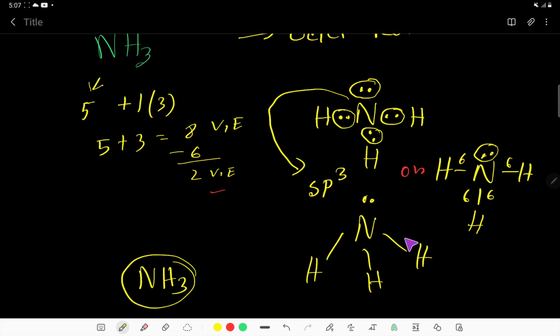That is, every bond is polar, right? Partial negative, partial positive, partial negative, partial positive. Since this bond is polar, this bond will have a dipole moment. This bond also will have a dipole moment. This bond also will have a dipole moment, right?